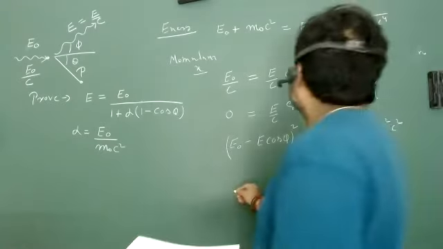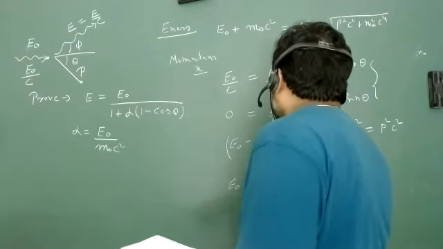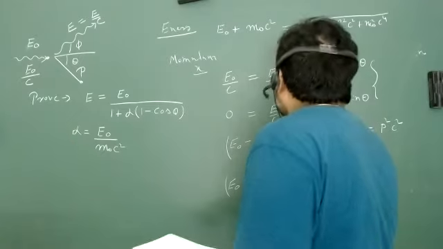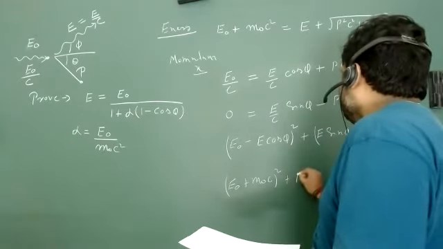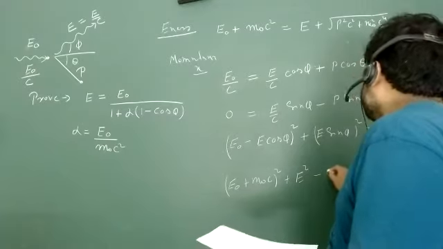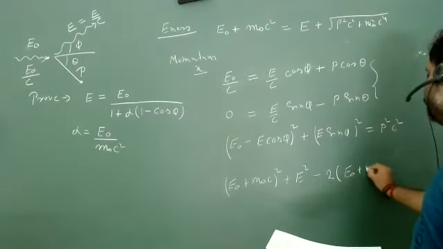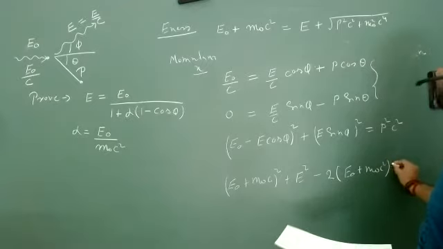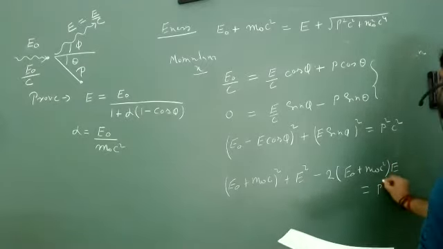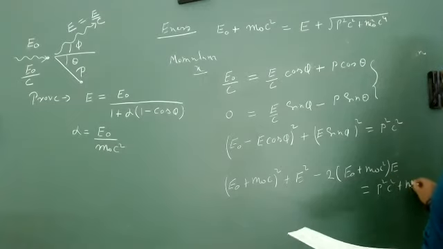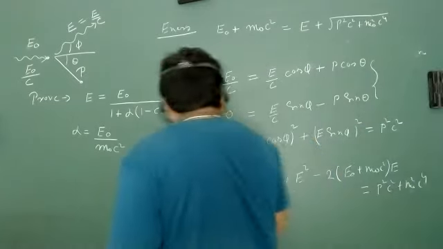The second expression is E naught plus m naught c square minus E whole square is equal to P square c square plus m naught square c to the fourth. Again, you can open all of this.